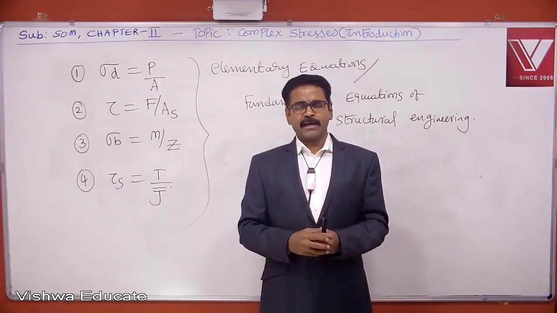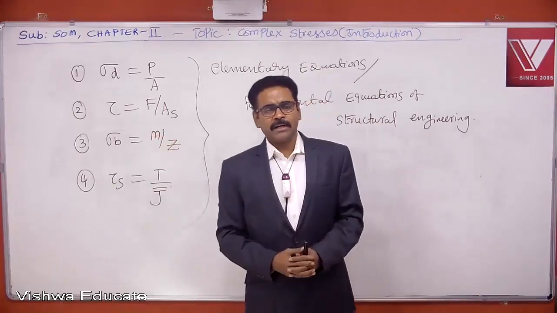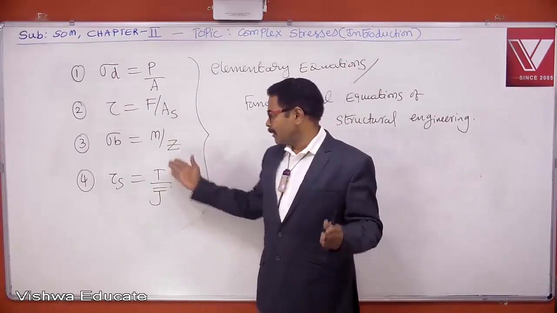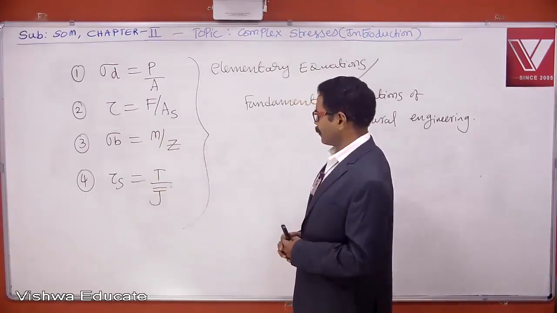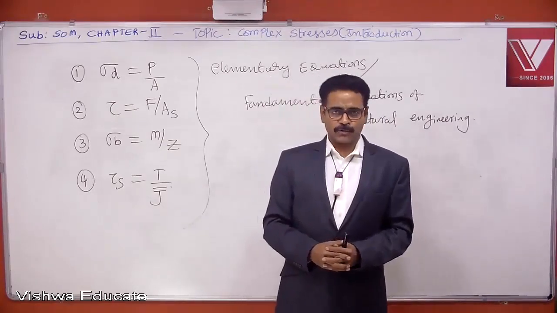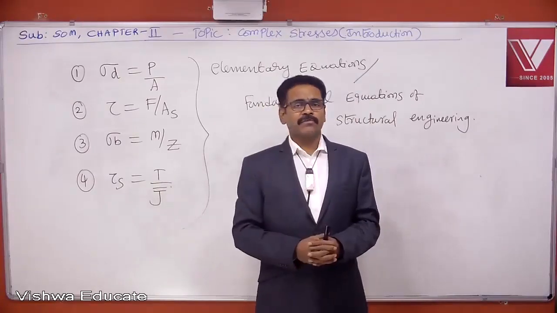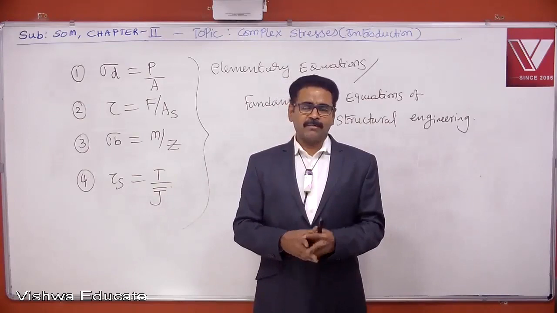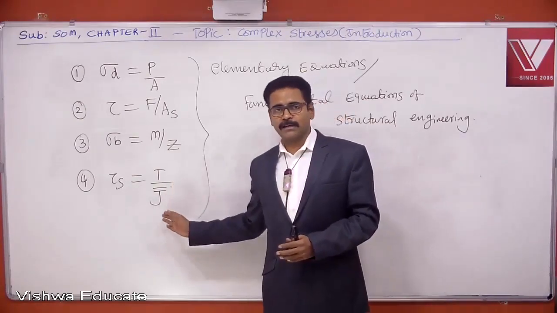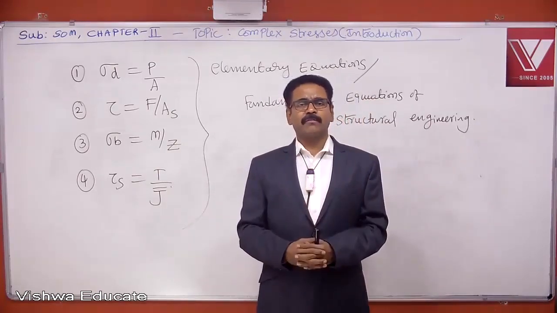If any structure carries shear force of F, a simple shear stress of F by A_S, or tau, will induce. Similarly, if any structure carries bending moment of M, a maximum bending stress of M by Z, or sigma B, will induce. If any structure carries twisting moment, a maximum torsional shear stress of T by J bar will induce. Like that, these four basic formulae are giving the response of the four basic loads.